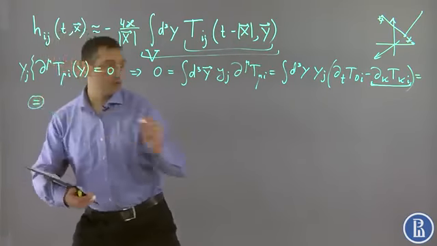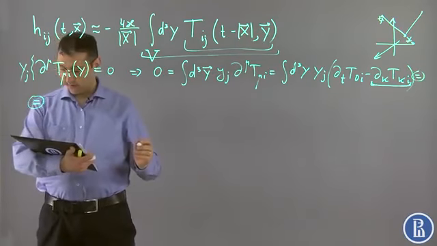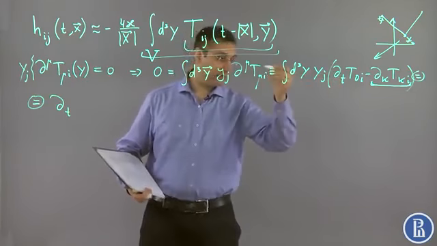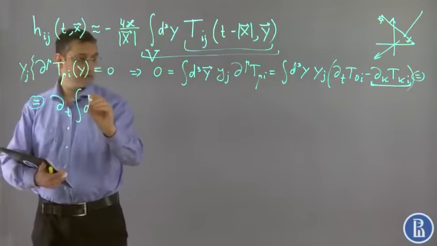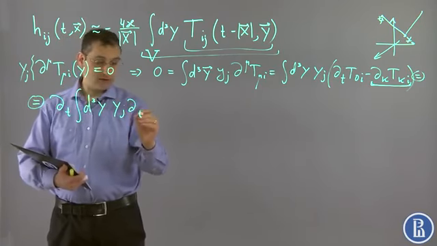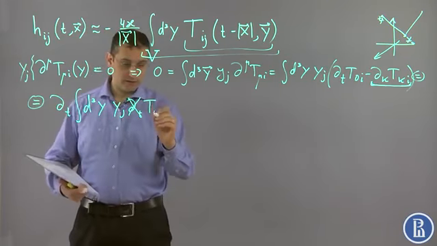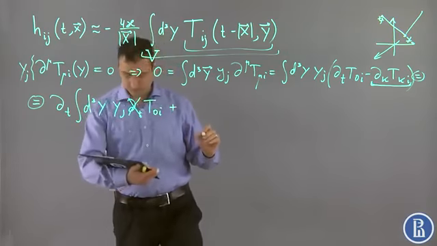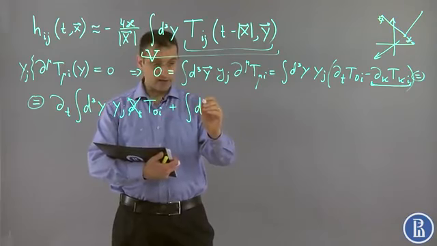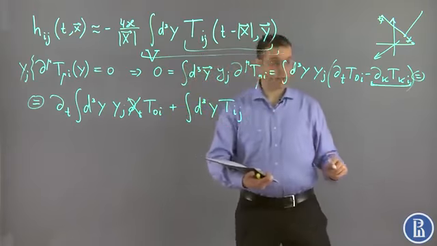So continuing that equality, we obtain the following situation: here we can take dt out from the integral, so d3y yj dt, oh sorry, no dt here, dt is taken away, T^{iI0}, plus, after integration by parts, d3y T^{ij}.